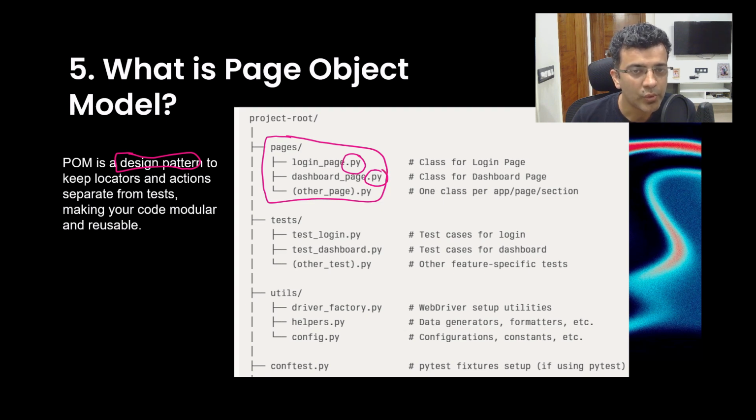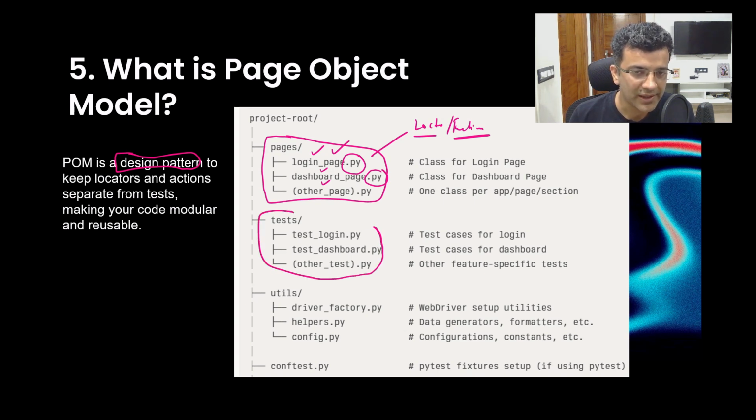So what we do is for each page we create a class, right? And that class will store whatever locators, right, and whatever functions are related to that page, right? So that whosoever needs it, they can create an object of this class and call those particular methods, right?